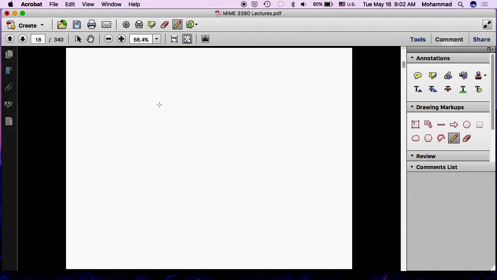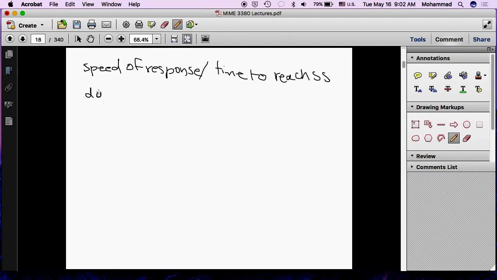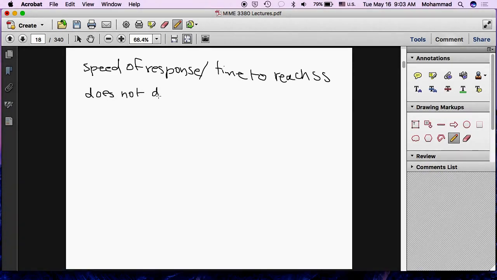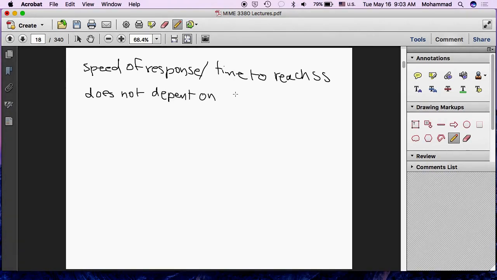We are talking about speed of response, or in other words, time to reach steady state, does not depend on values of input or initial condition.